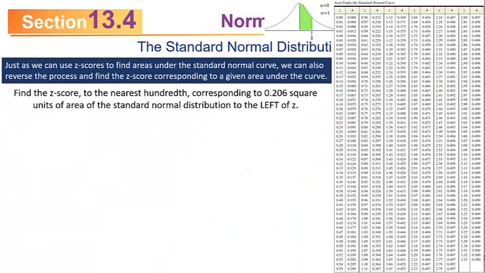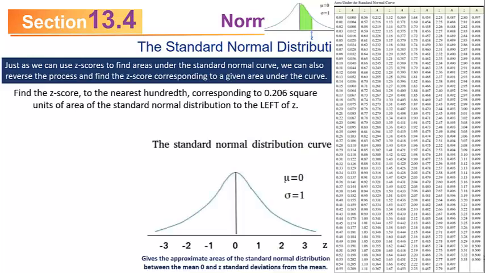Let's do another. Find the z-score to the nearest hundredth corresponding to 0.206 square units of area of the standard normal distribution to the left of z. So this time they're telling us information about being to the left of z. We want to be 0.206 square units in area to the left of z.